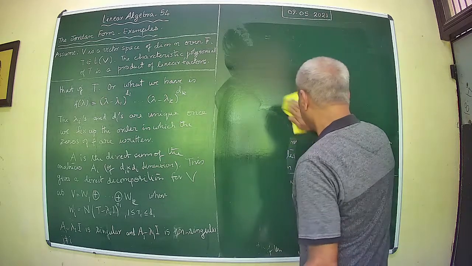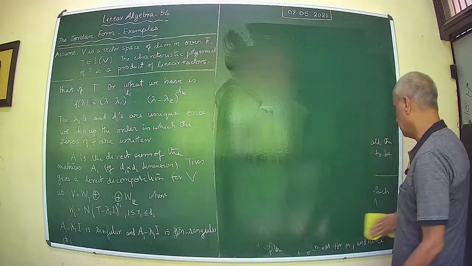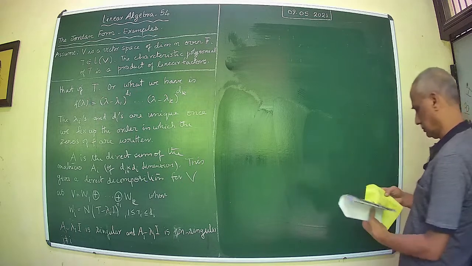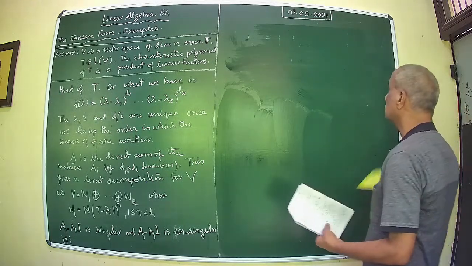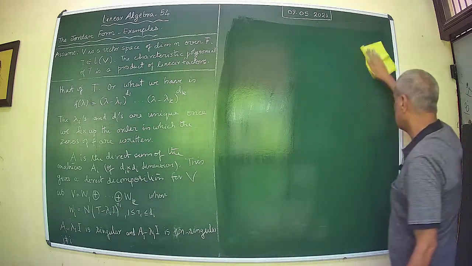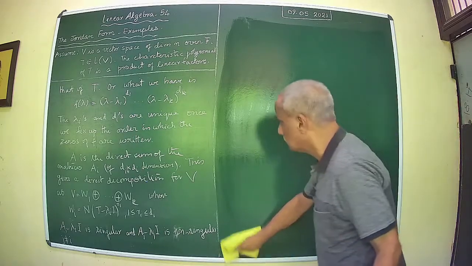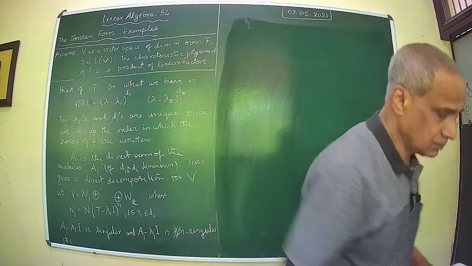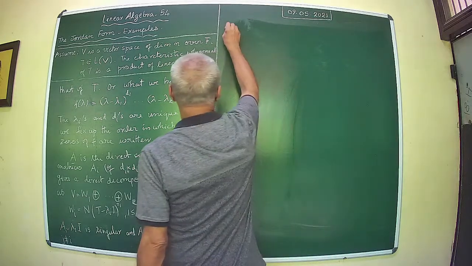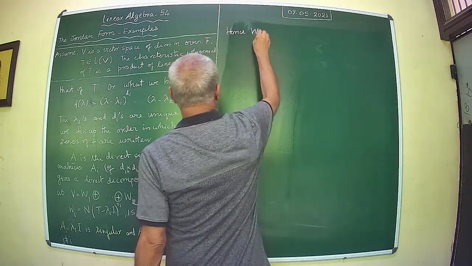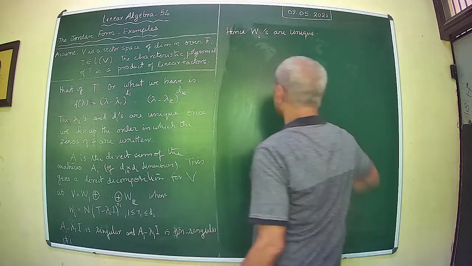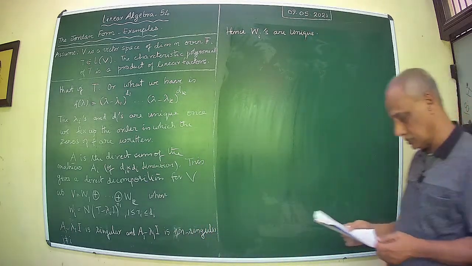See, these Wi's are uniquely fixed, because once you fix the order for lambda I, then it is true.